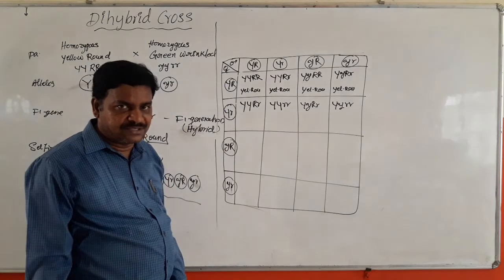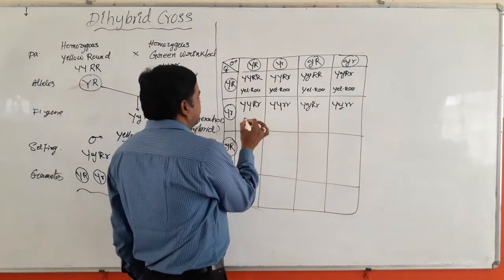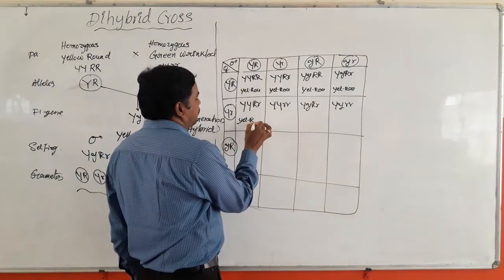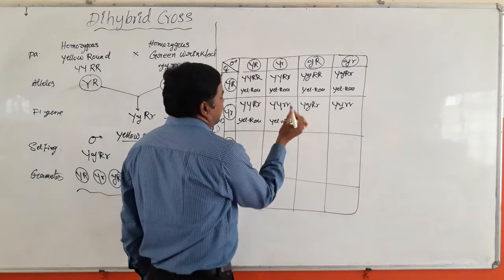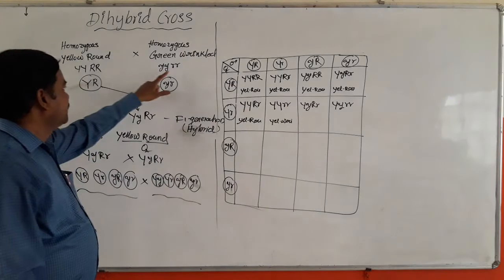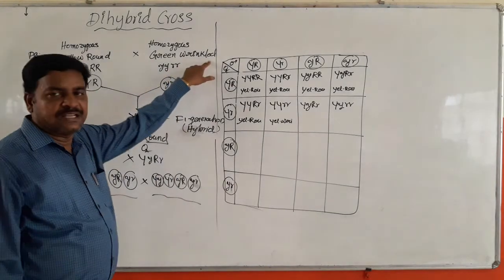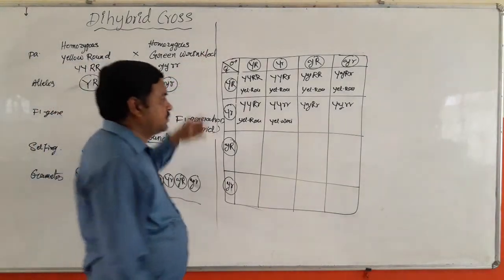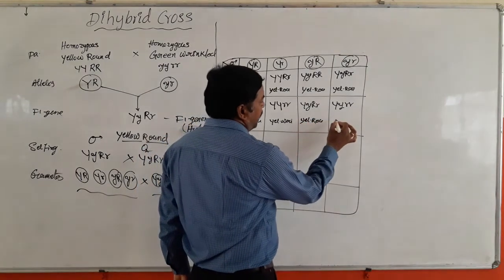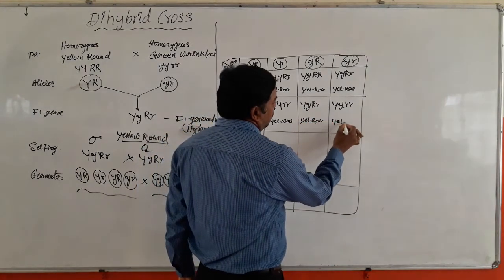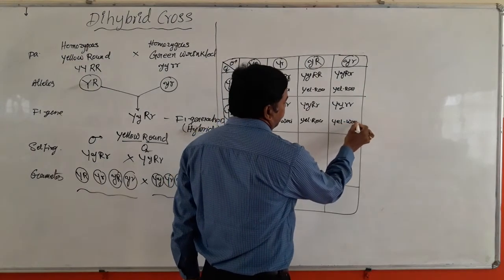This is a yellow round. This is a yellow wrinkled, because small r is wrinkled. Yellow round and yellow wrinkled.